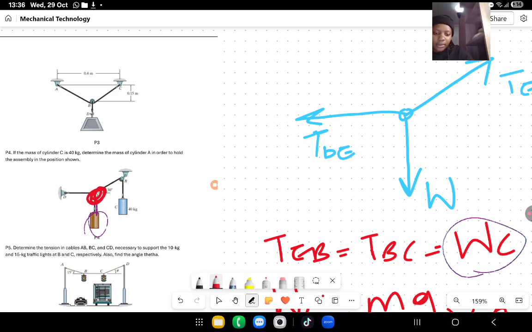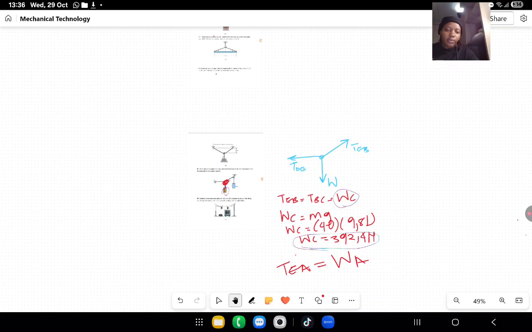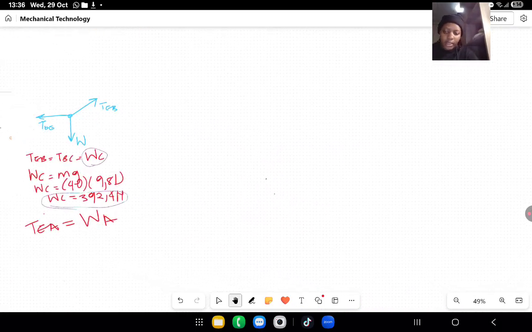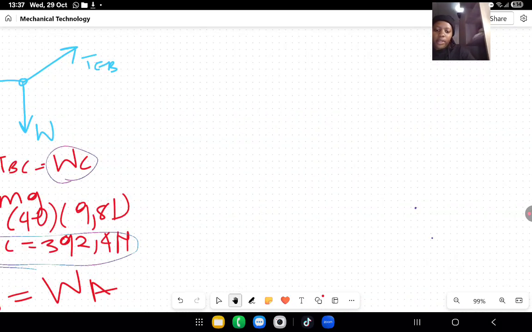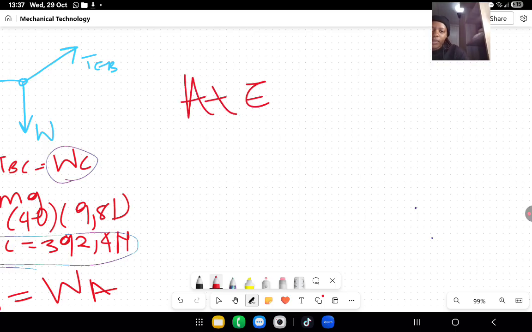At E, our horizontal components are 0, and using our vertical components, our vertical components equal 0, right?